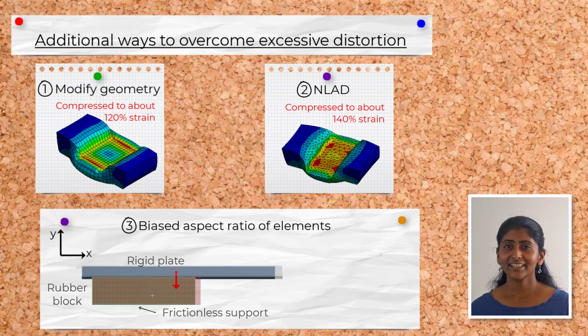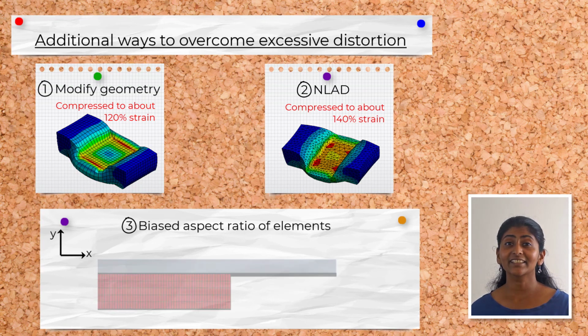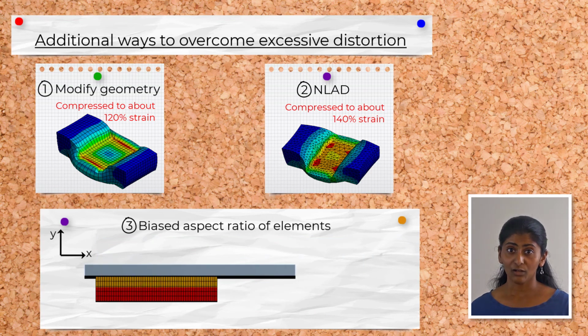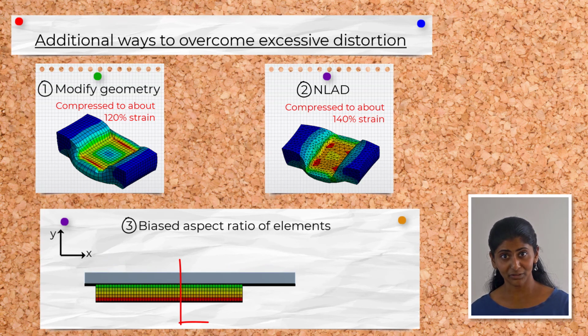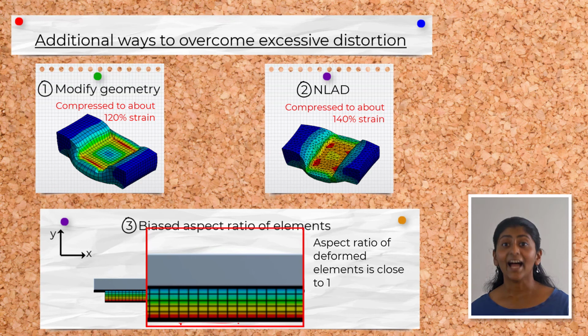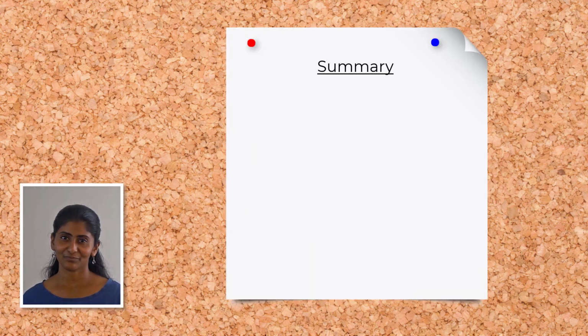So we can generate an initial mesh such that the element edge length in the y direction is larger than the element edge length in the x direction. So now when the body gets deformed, the elements will have an aspect ratio close to 1 and thus avoid getting distorted excessively.